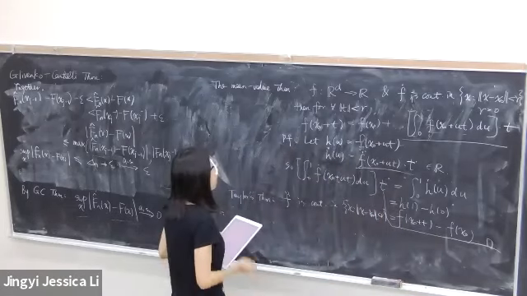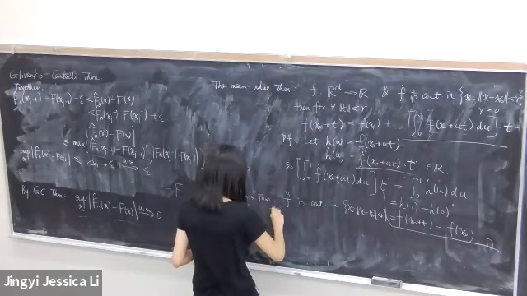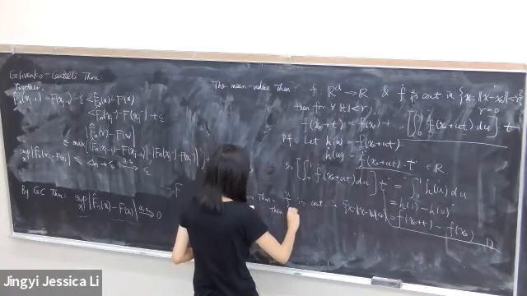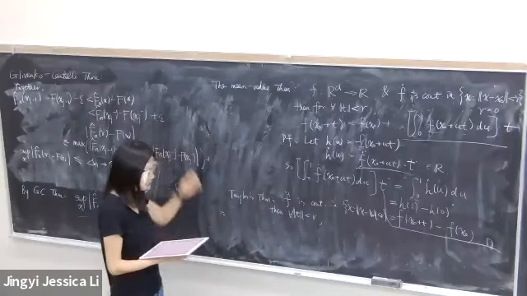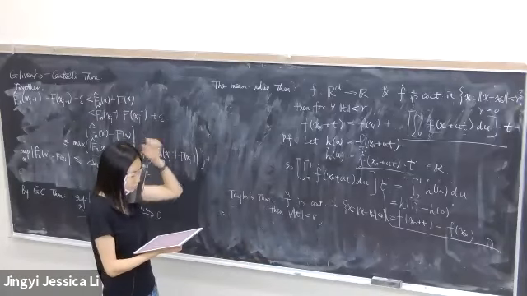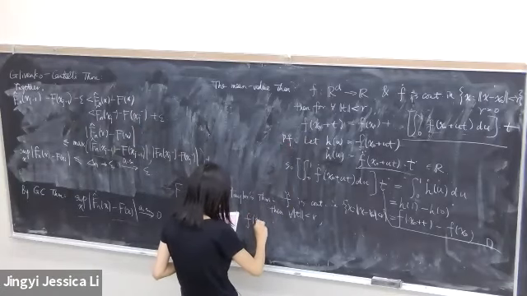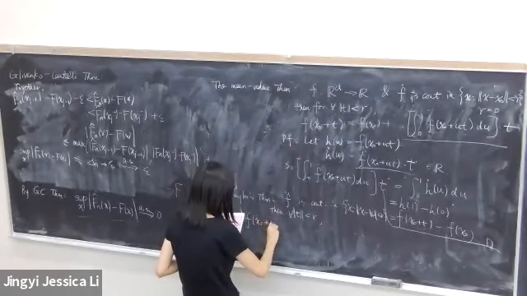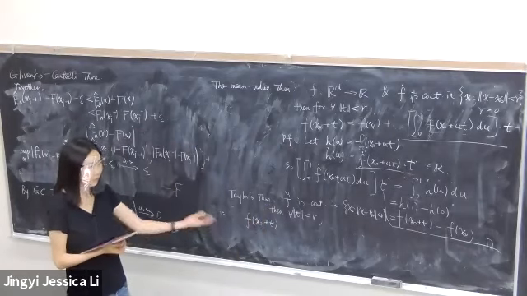All right, then still for those t in the neighborhood, for that t, I am going to write f of x0 plus t. So if you're familiar with the Taylor expansion, it's very similar to that.